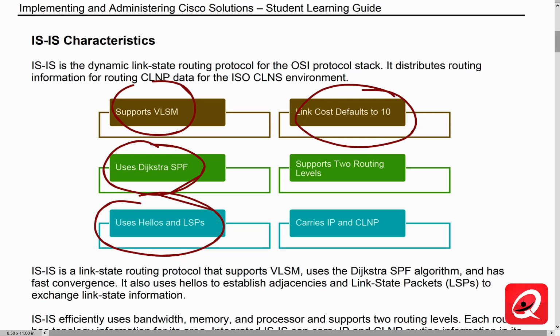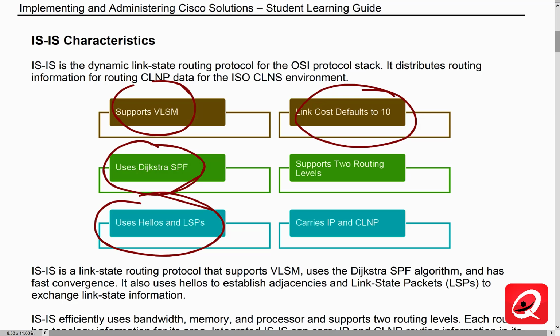It is a very scalable routing protocol, which is why it's actually used for large service provider network backbones. And so let's talk about some of the functions of the two routing levels and get into that detail.